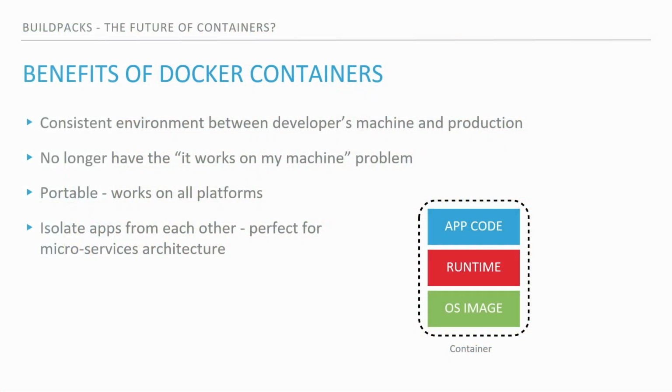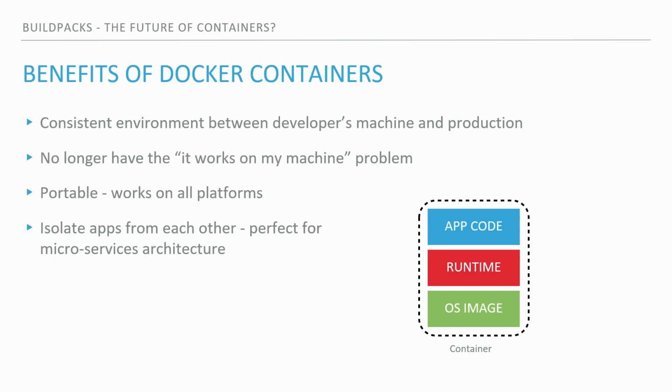Another concept to be aware of is a Docker image, which is what we actually run in order to get a Docker container. It outlines all the setup for your app and dependencies. And all that is defined by Dockerfiles. Some of the benefits we get from Dockerfiles and Docker in general is we have consistent environments from a developer's machine right through to all their different production environments.